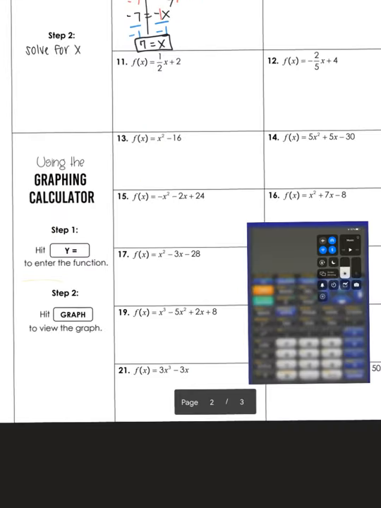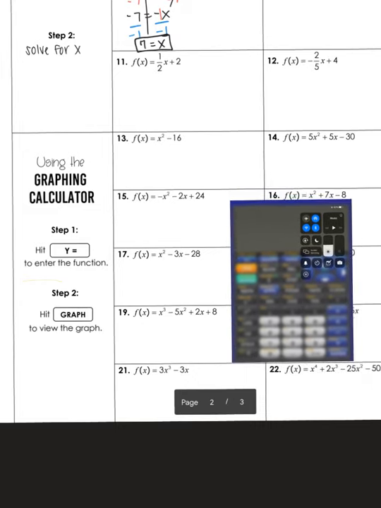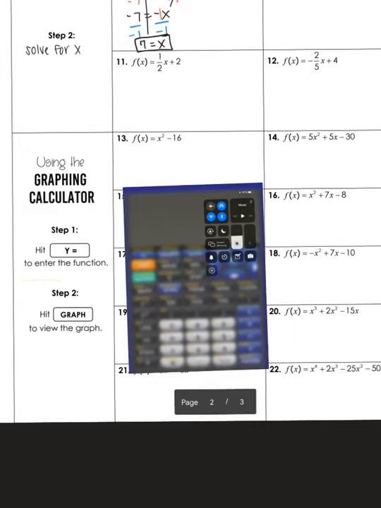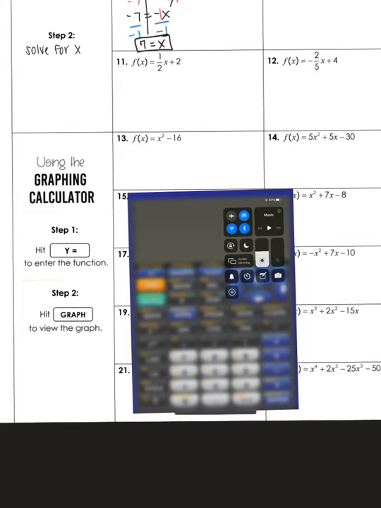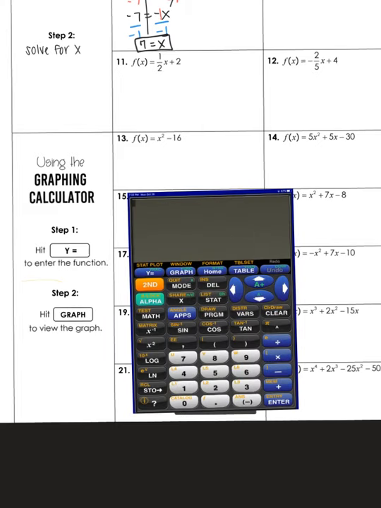Okay, and then the third way that we can find zeros is by using the graphing calculator. The steps are here over to the left. You're going to first hit y equals. This is for number 13. If you're looking at your graphing calculator, y equals is right here.